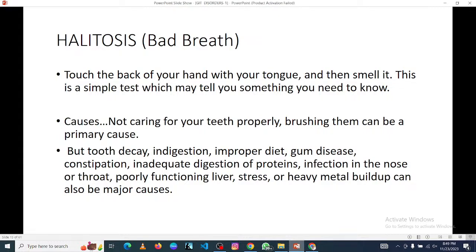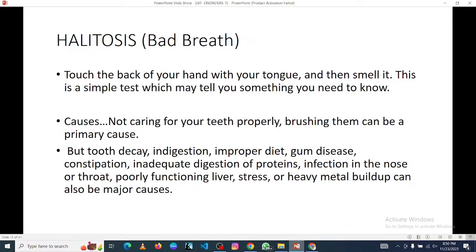One of the causes of halitosis or bad breath is the one that most people normally know. If you have bad breath, your first instinct will tell you to probably go and brush your teeth.